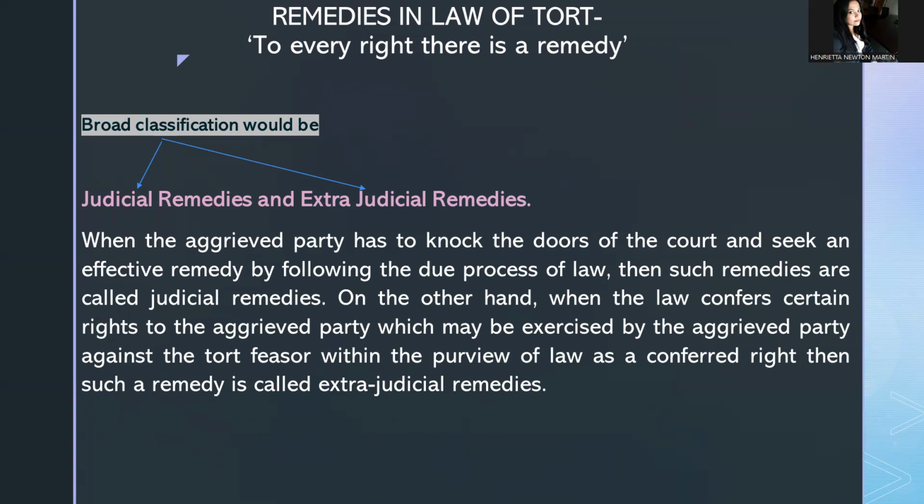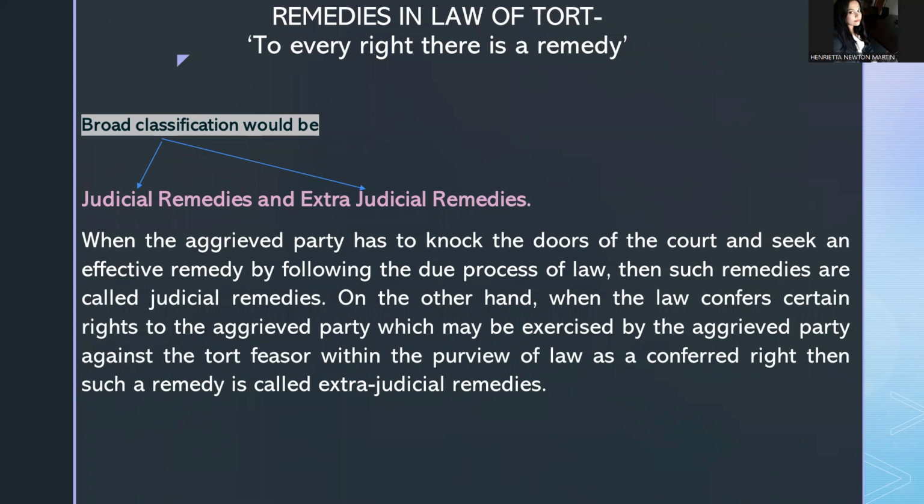That is a famous legal maxim whenever remedies are claimed before the law. They say that to every right, because there is an infringement of right or violation of right, there has to be a remedy. Now, in the law of torts, broadly, if you classify, there are two types of remedies that are granted.